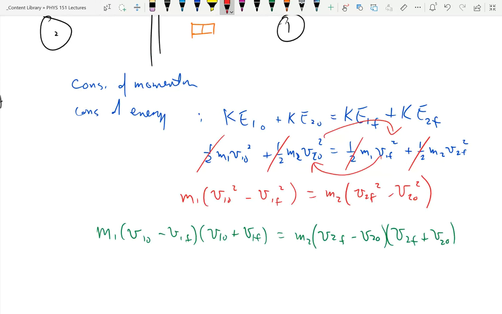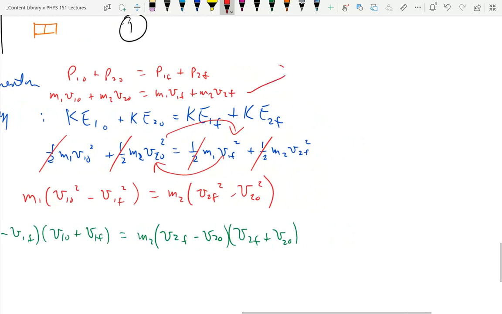So the momentum equation: momentum 1 initial plus momentum 2 initial equals momentum 1 final plus momentum 2 final, or M1 V1 initial plus M2 V2 initial equals M1 V1 final plus M2 V2 final.